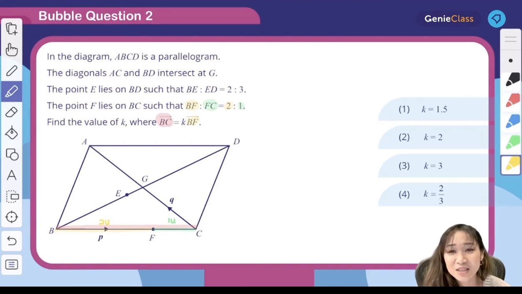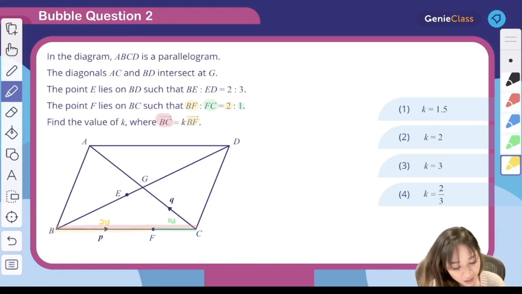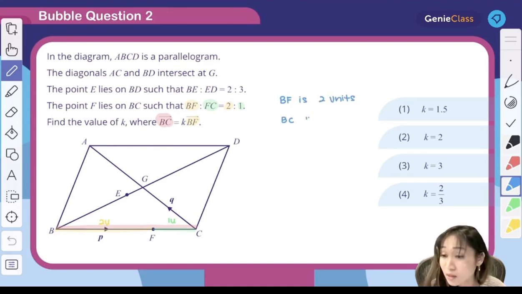Okay, so let's take a look at the results. Fingers crossed. Okay, very good job. So we know that BF is 2 units. So BC will be how many units altogether? Anyone? BF is 2 units. BC will be how many units? 3 units, right?